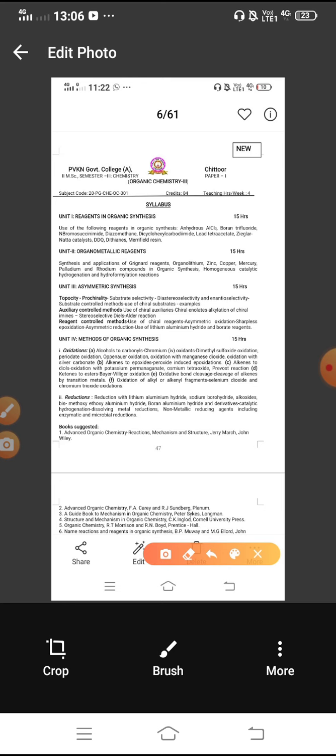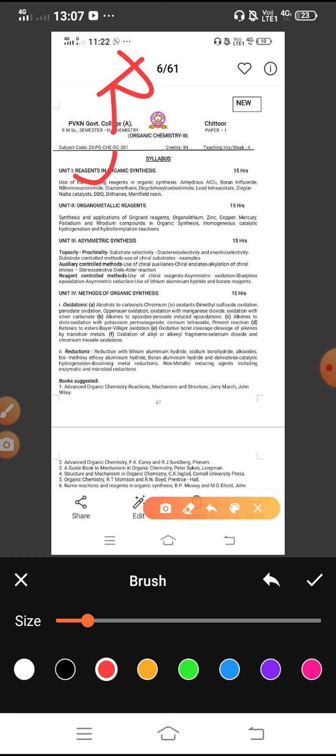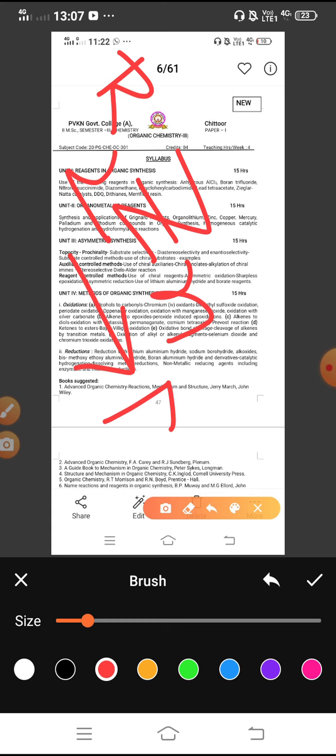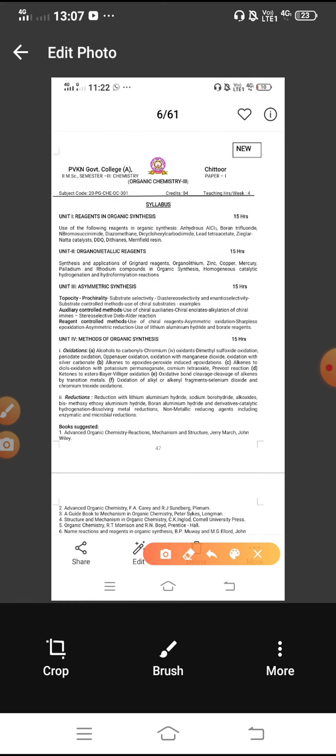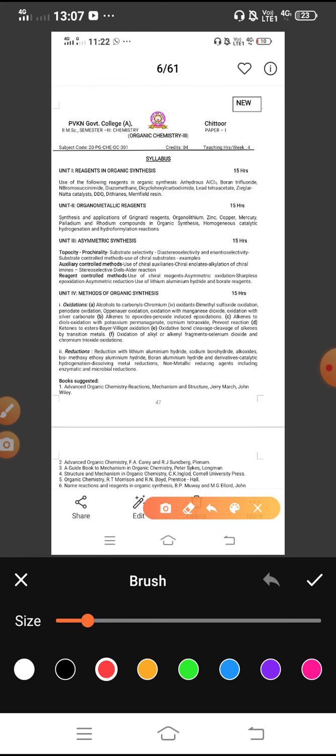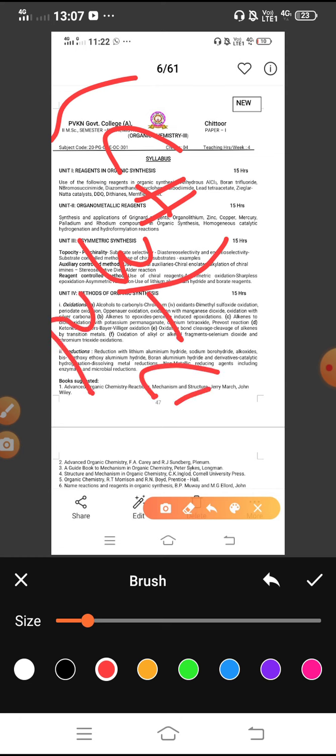Next, organozinc, that is R2Zn. This is also a source of R minus, a nucleophilic carbon. Next is organocopper, very important. The main reagent is the Gilman reagent, (CH3)2CuLi, dimethyl copper lithium.